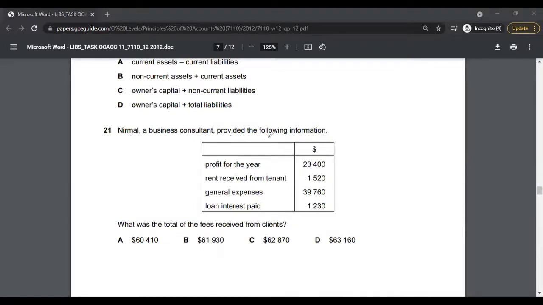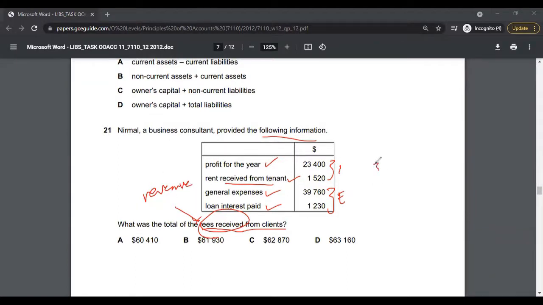Nirmal, a business consultant, provided the following information. What was the total of the fees received from clients? So let's see: profit for the year 23,450, rent received from the tenant 1,520, general expenses 39,760, loan interest paid 1,230. So these are expenses, these are income. We need to calculate the fees received, in other words, basically revenue, in very simple terms.